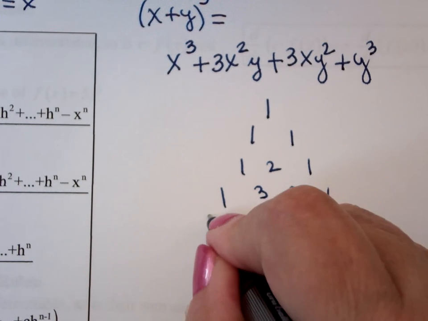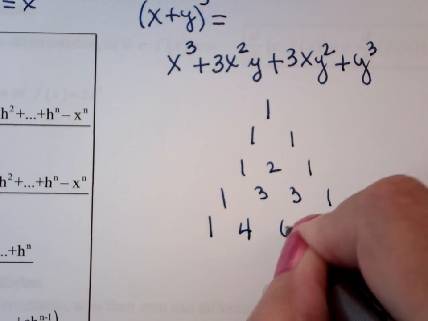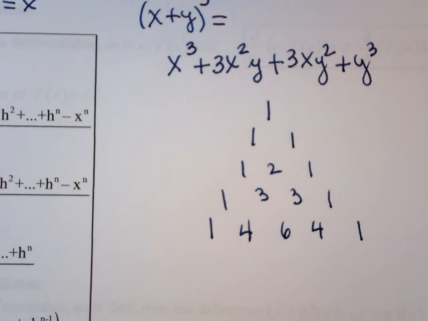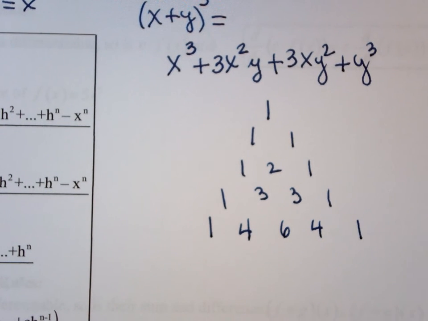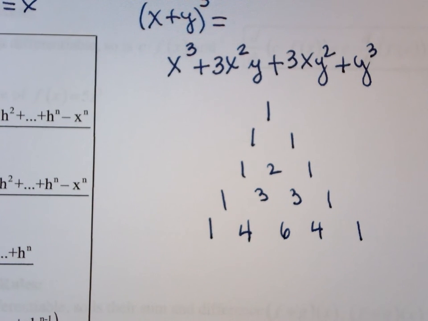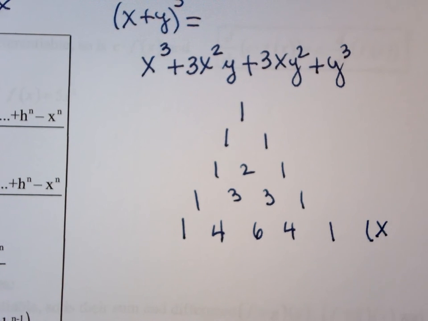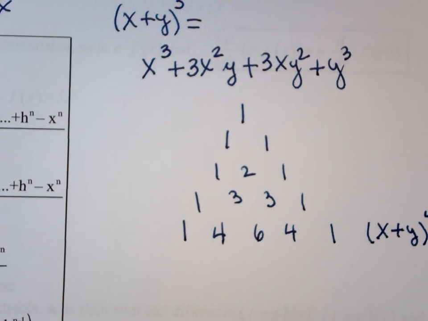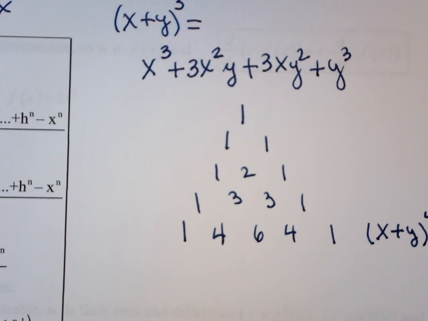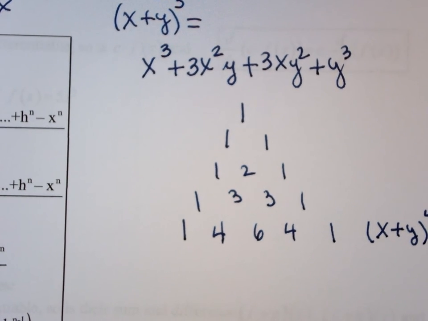To the fourth power would be 1, 4, 6, 4, 1. Those are your binomial coefficients from Pascal's triangle. So those would be the coefficients of x plus y to the fourth, if I were to write that out. But the more important thing for you is the pattern.